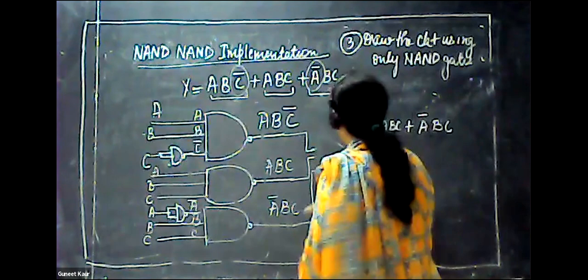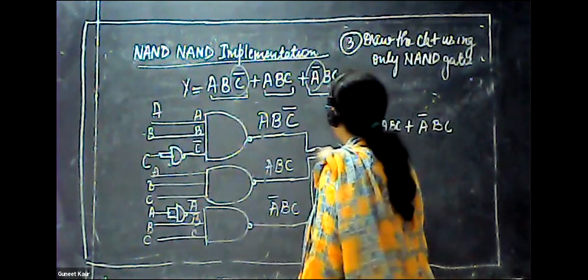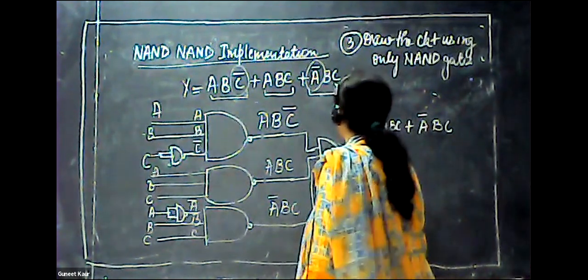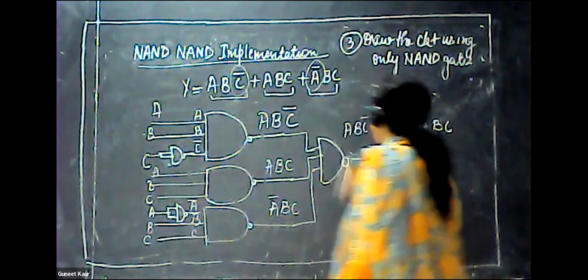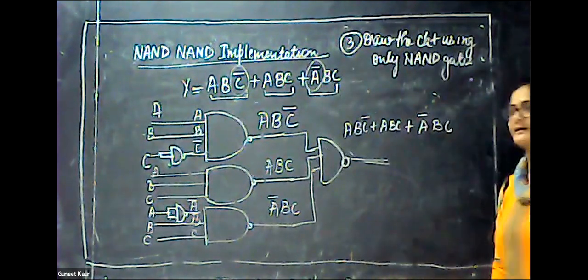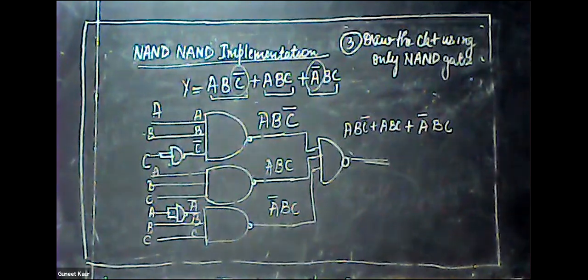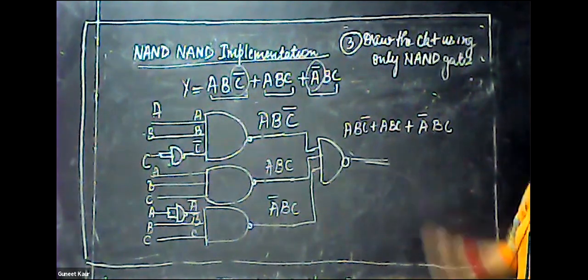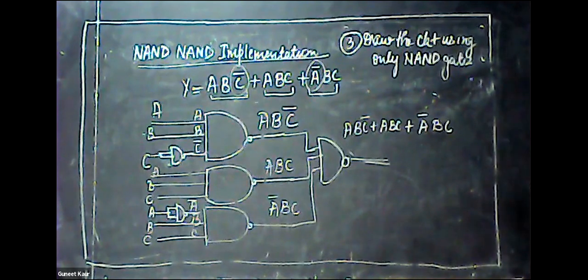So simply we will replace this by the NAND gate. With this we have completed our NAND implementation. Now you can see we have started our diagram from the AOI and we have made this diagram using only NAND gates.